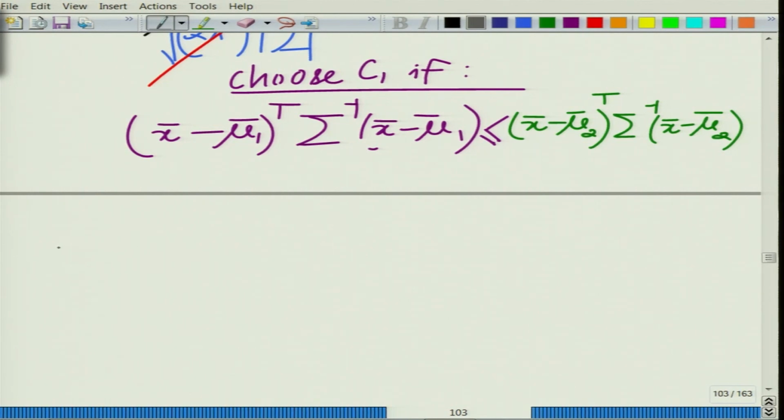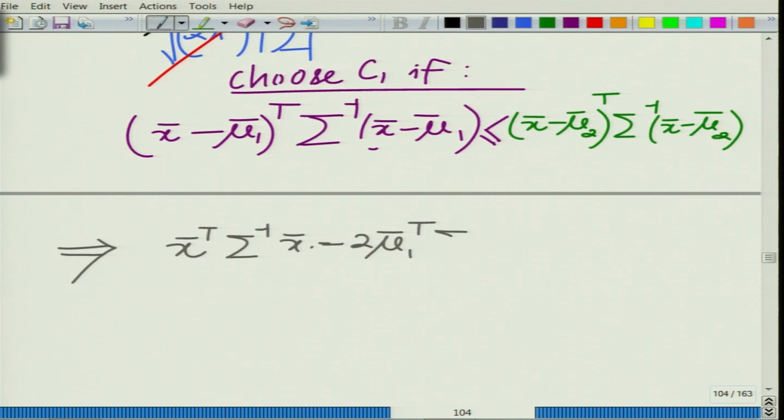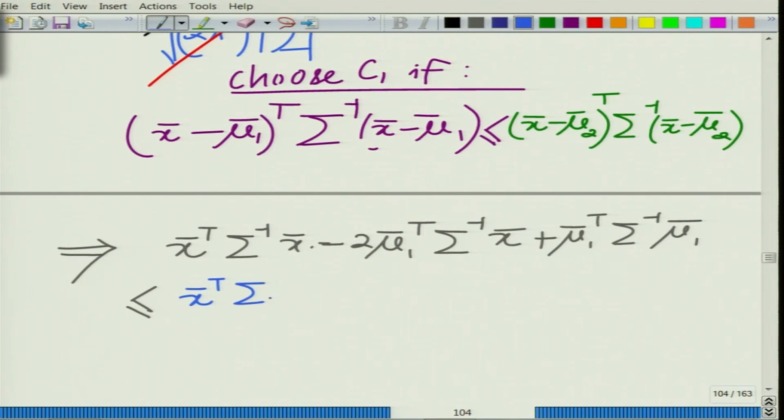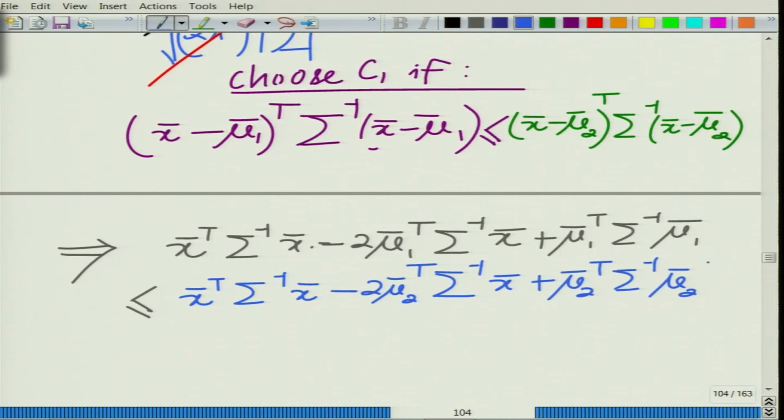Therefore, if you simplify this further and expand it, this gives x bar transpose sigma inverse x bar minus 2 mu 1 bar transpose sigma inverse x bar plus mu 1 bar transpose sigma inverse mu 1 bar, which is less than or equal to the same thing: x bar transpose sigma inverse x bar minus 2 mu 2 bar transpose sigma inverse x bar plus mu 2 bar transpose sigma inverse mu 2 bar.